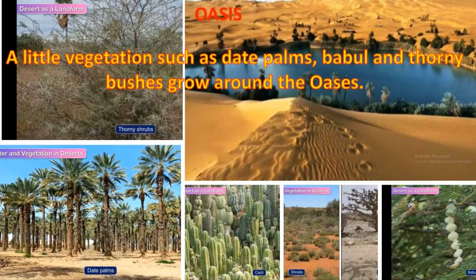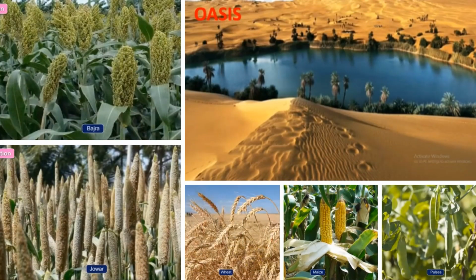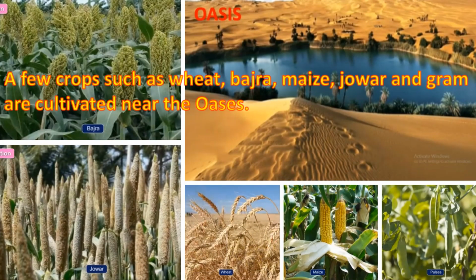Children, a little vegetation such as date palms, babul and thorny bushes grow around the oasis. Children, a few crops such as wheat, bajra, maize, jowar and gram are cultivated near the oasis.